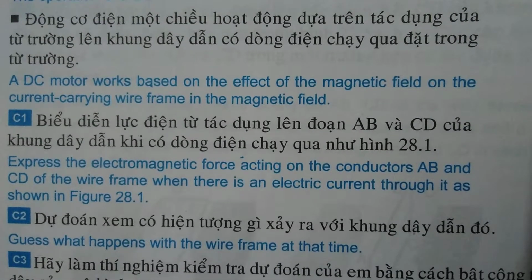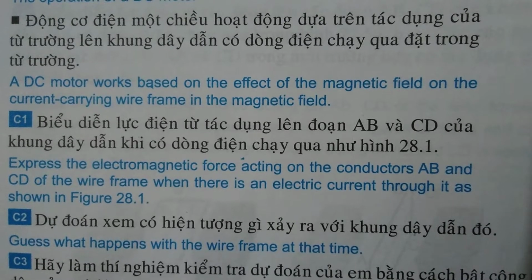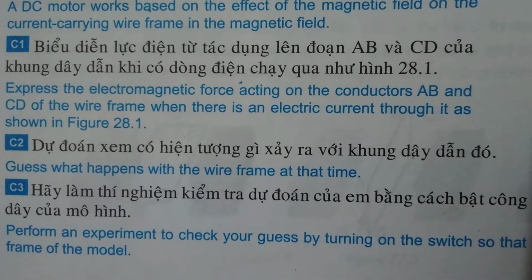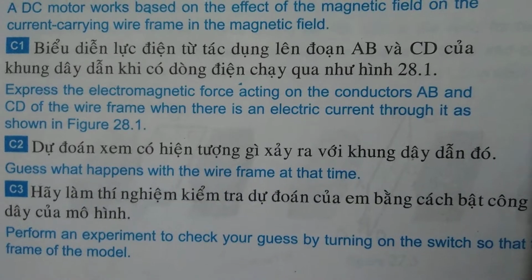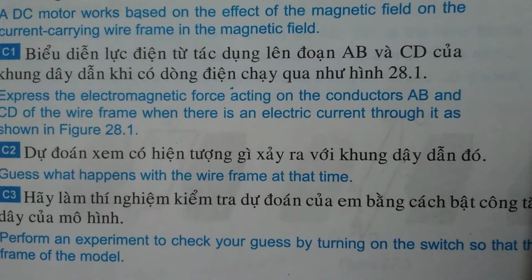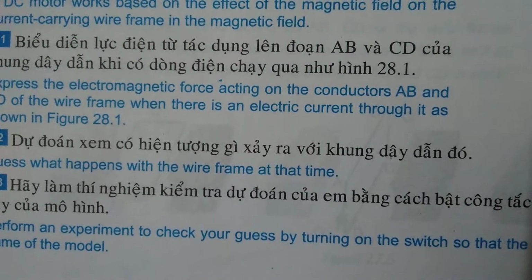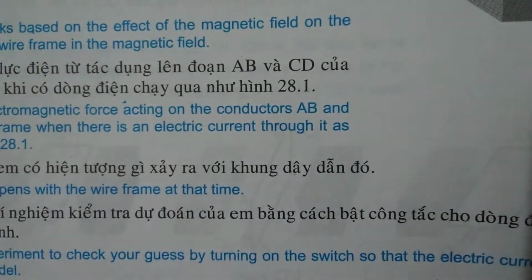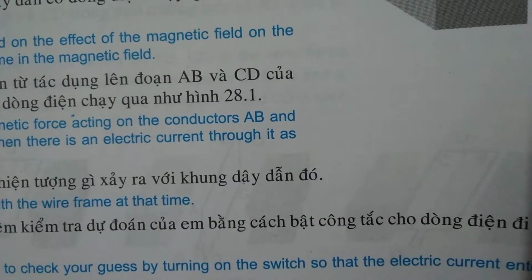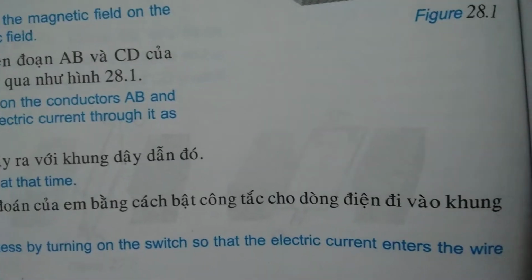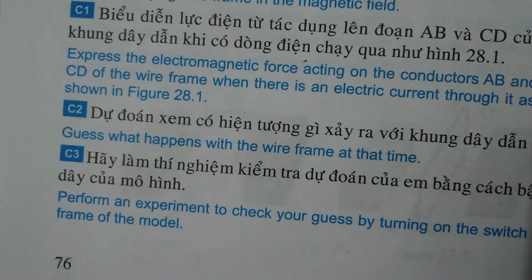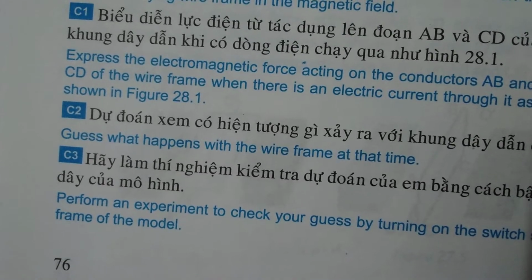Guess what happens with the wire frame at that time? Perform an experiment to check your guess by turning on the switch so that the electric current enters the wire frame of the model.